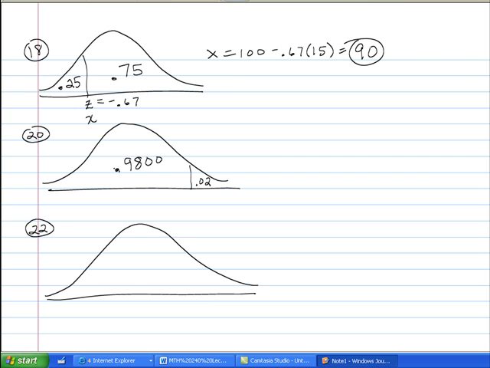The 0.9798 is a little bit closer, so that's 2.05. So our x will be 100 plus 2.05 times 15, which is 130.75, which would round to 131.